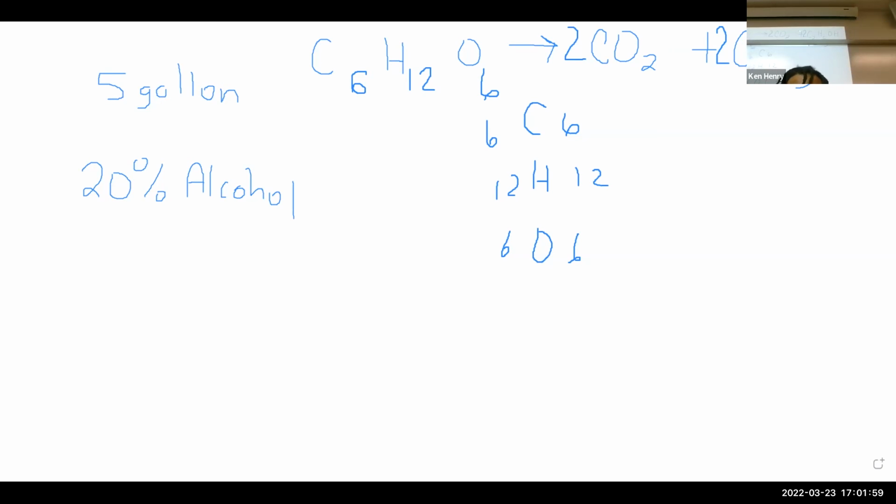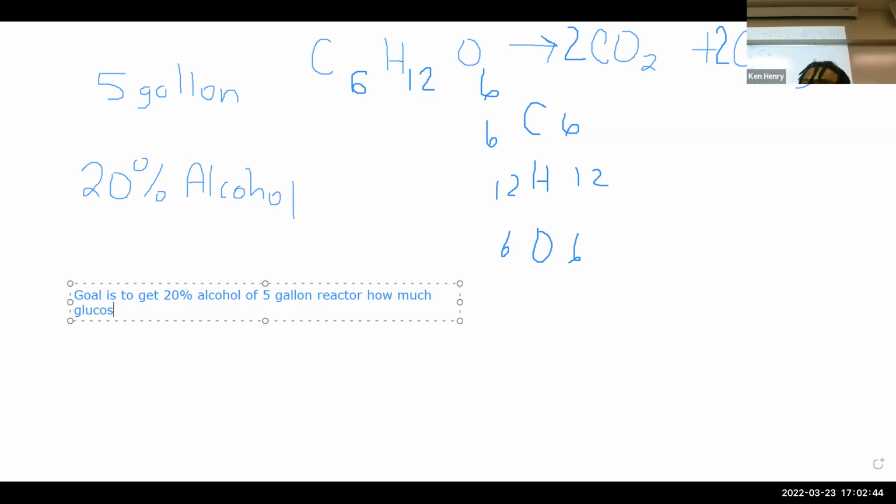So our goal is 20 percent alcohol of a 5-gallon reactor. Okay. So then how much glucose do I need to start off with?